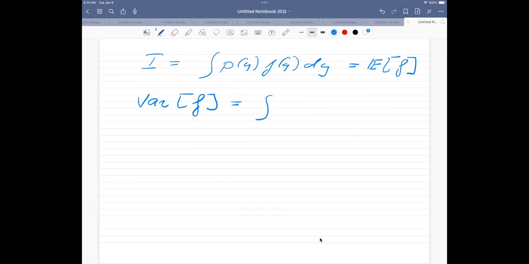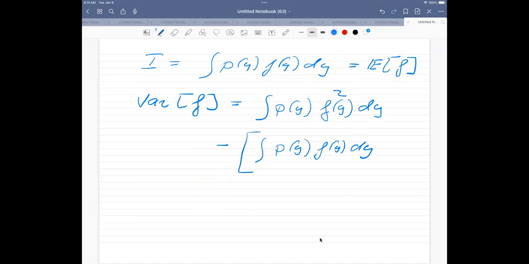And that is given, if we have the probability as a function p of y, by the integral of p of y, f of y squared, d of y, minus the integral of p of y, f of y, dy, squared. This is the expression for the variance. And then the standard deviation is the square root of the variance. So the STD of this function f is just the square root of the variance.